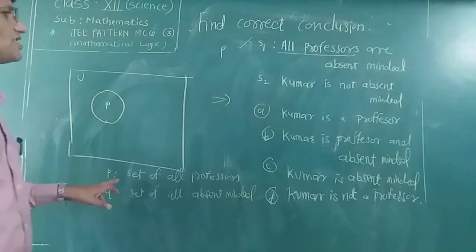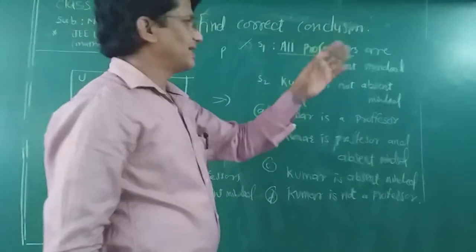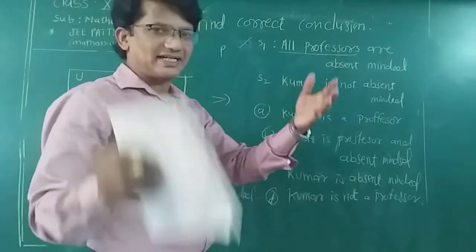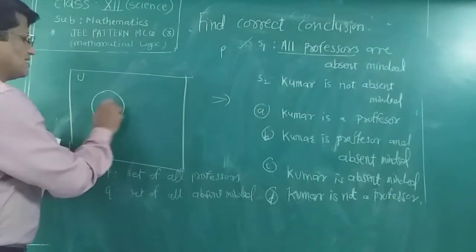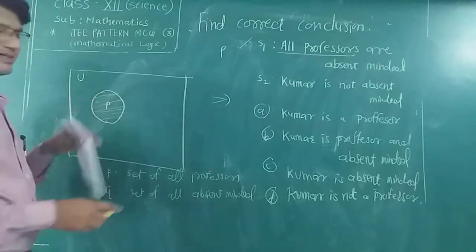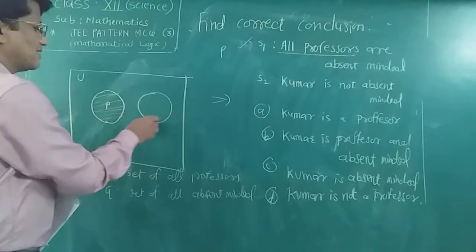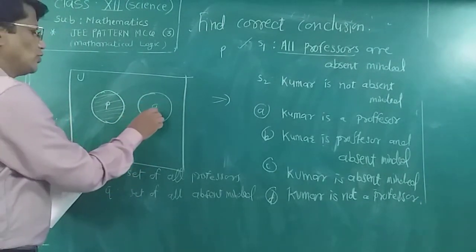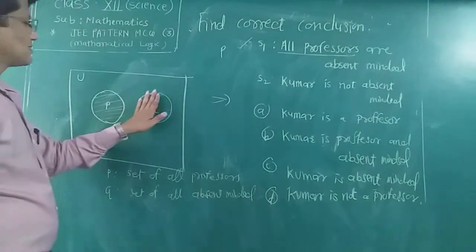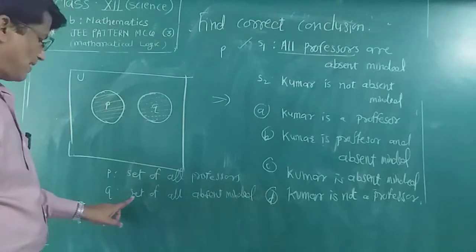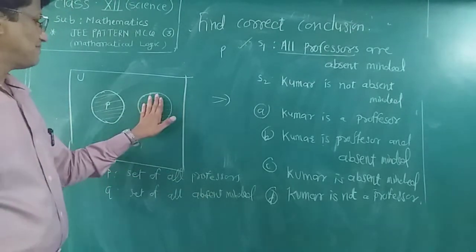Important one. What is the position here? There are two different conditions, professors and absent-minded. So the first circle represents the set of all professors. I am drawing another circle here and writing Q, this circle represents the set of all absent-minded.